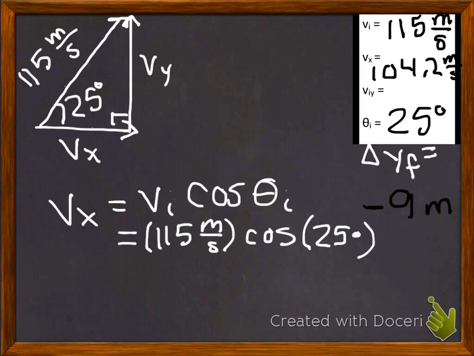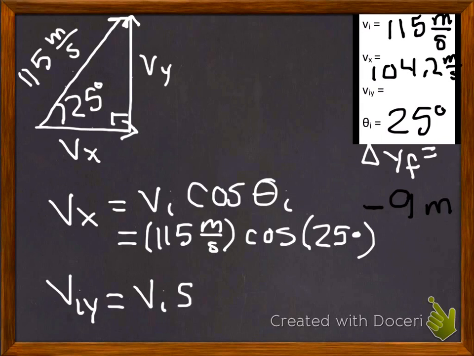So it looks almost the same for y, it's just that when we're looking at Vy, that's the side that's opposite the angle that we're given. So the one that links opposite and the hypotenuse is the sine function. So when we try to find the vertical part of the initial velocity, it'll look almost the same as the horizontal part.